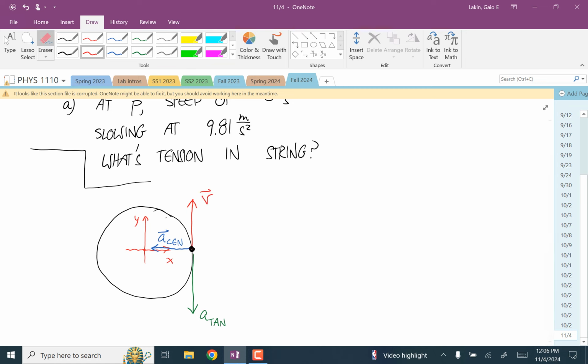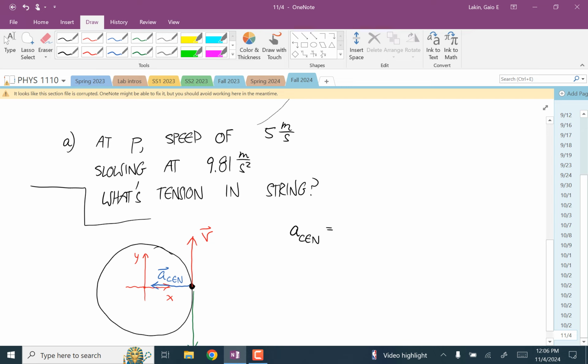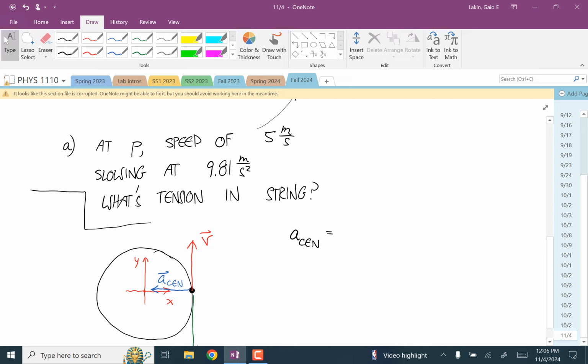Now we can start to calculate some of these magnitudes. The centripetal acceleration magnitude is the speed squared divided by the radius of the circle. What's the speed? 5, so we have 5 squared. And the radius of the circle is 0.2, the length of that string. So this is 125 meters per second squared.